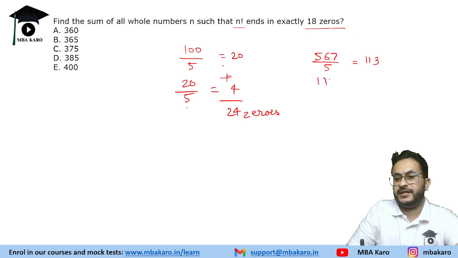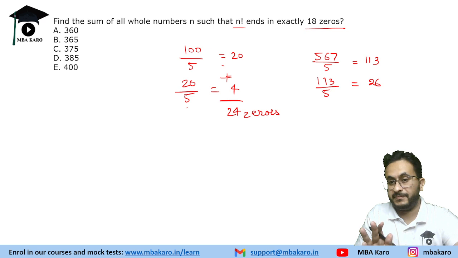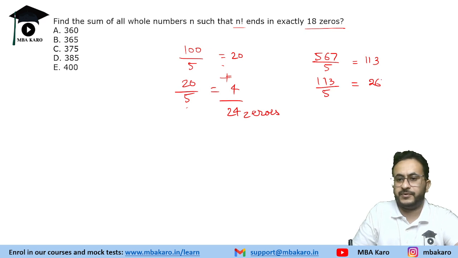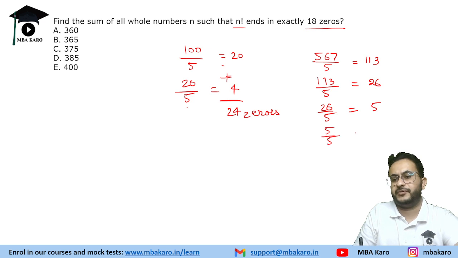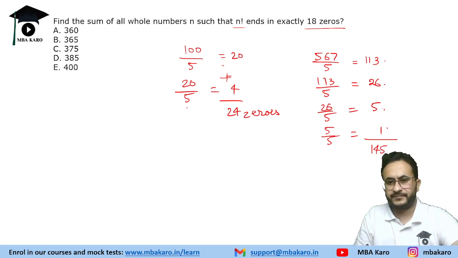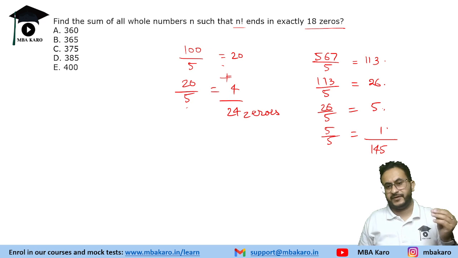Now 113 divided by 5 will give us 22, not completely divisible, so ignore the remainder part. 22 divided by 5, you will get 4, and then 4 divided by 5 gives 0. So just add these numbers: 113, 22, 4 gives 139. Right. So this is how we find the number of zeros in a factorial.